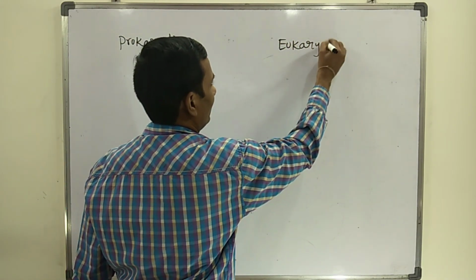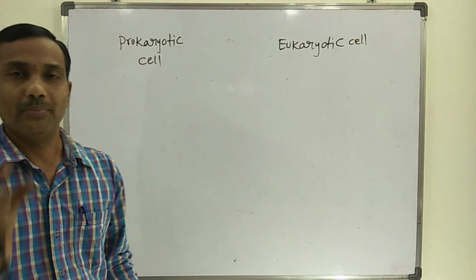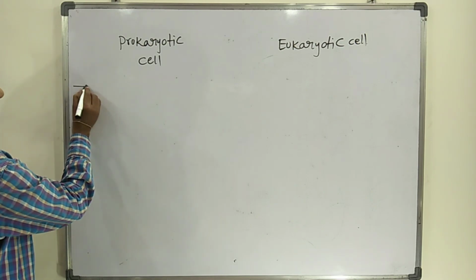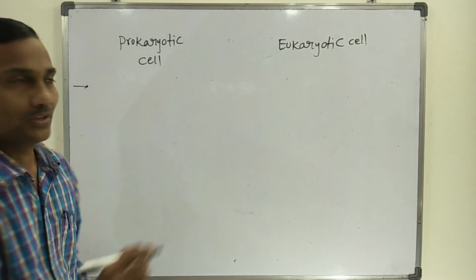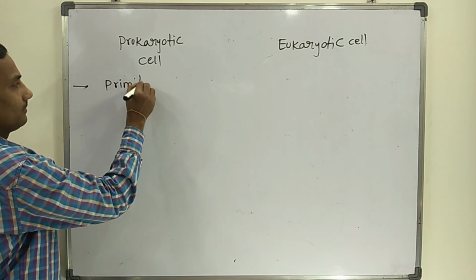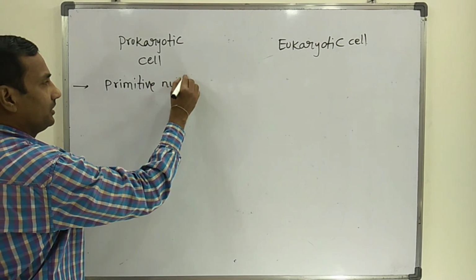Both are living cells only, but here are the major differences. The first difference: prokaryotic cells have a primitive nucleus.